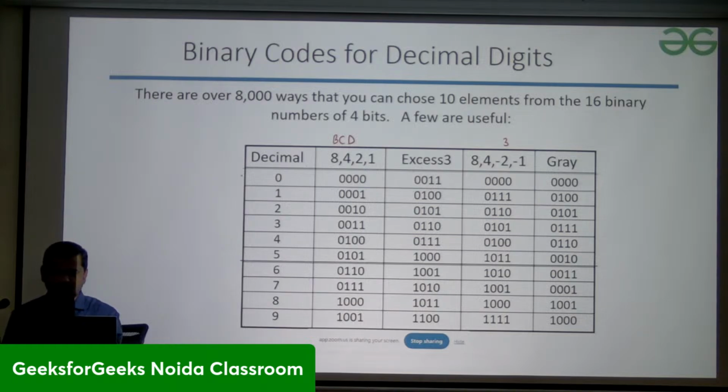For 0000, if I convert into gray, you have to just place the MSB value as it is at the MSB position, and then the MSB and the next bit are simply added. Added here means XOR. You need not care about the carry.